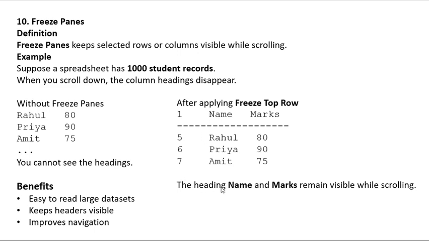The headings, the names and the marks, remain visible while scrolling. The benefit is that it is easy to read larger data sets, keeps the headers visible, and improves navigation.